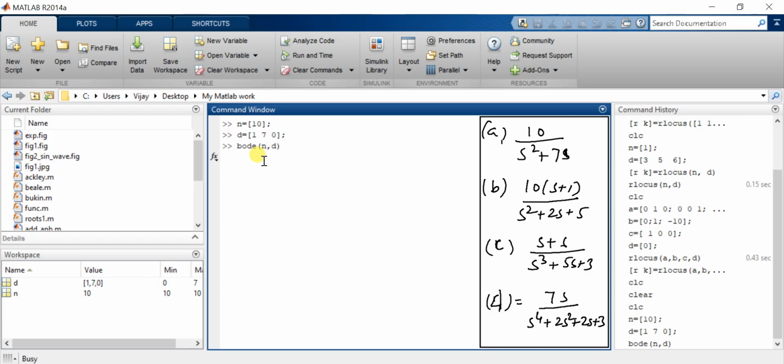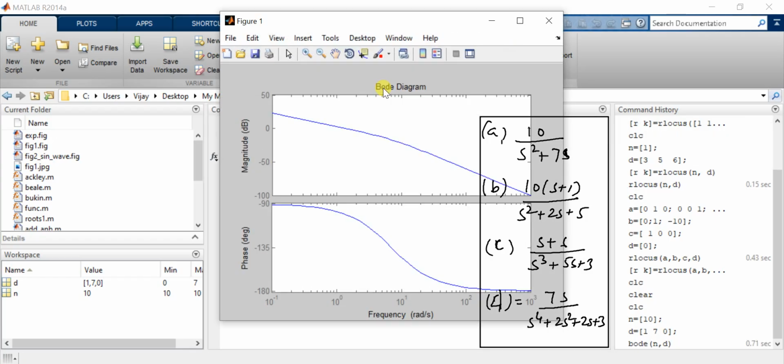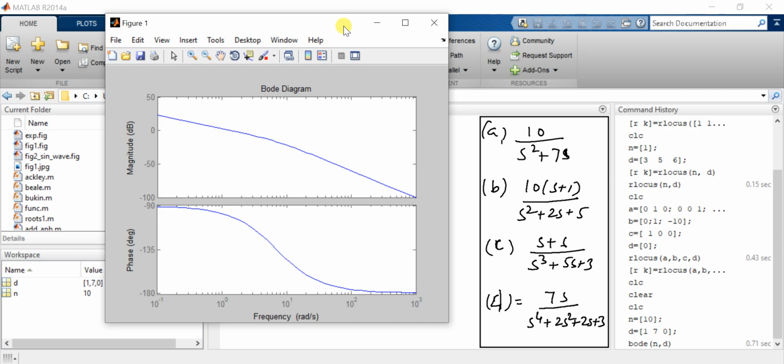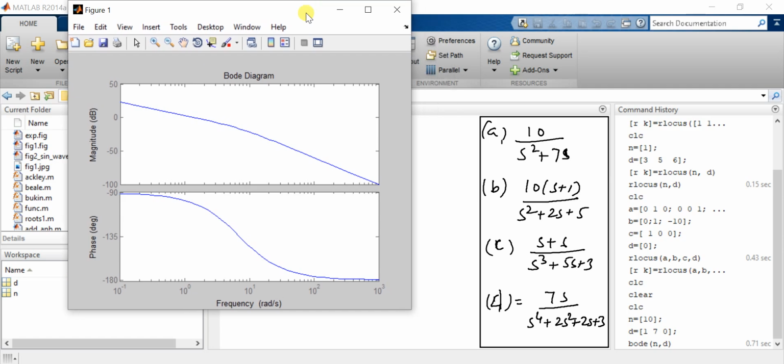When you hit enter, this will give you the Bode plot of this particular transfer function. You can check the system frequency and magnitude at a particular point. Here you can see that at this particular point the frequency is 0.82 and the magnitude is 4.75 dB.